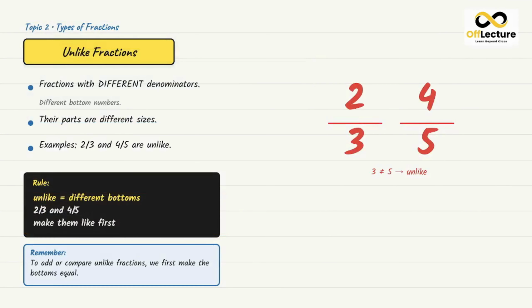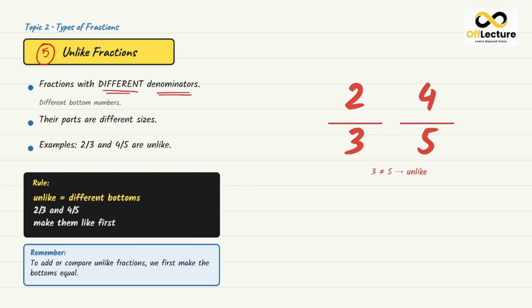Now let's move to the next part, which is unlike fractions. Unlike fractions means fractions with different denominators. We are not bothered about the numerator right now, only about the denominators. When you have the same denominators, you have like fractions. But when you have different denominators, you have unlike fractions.